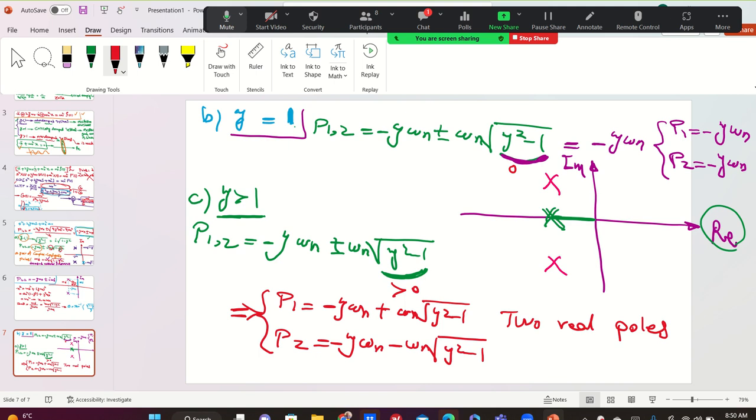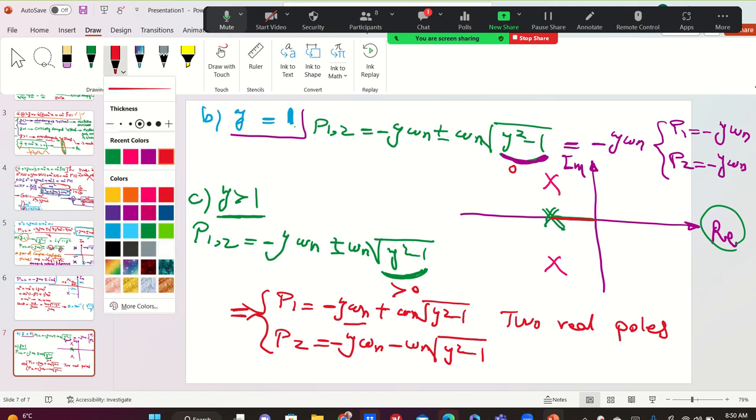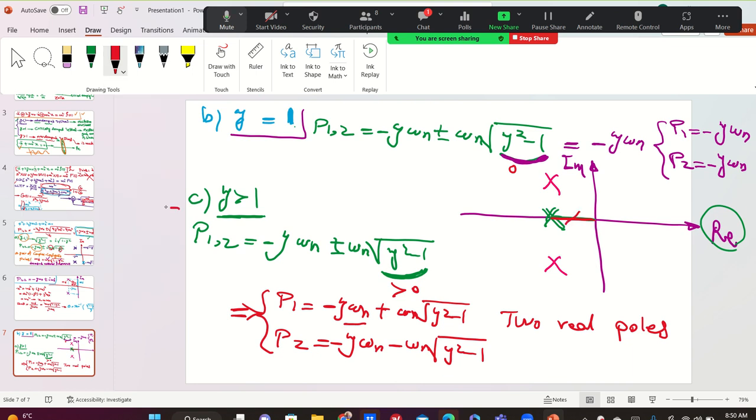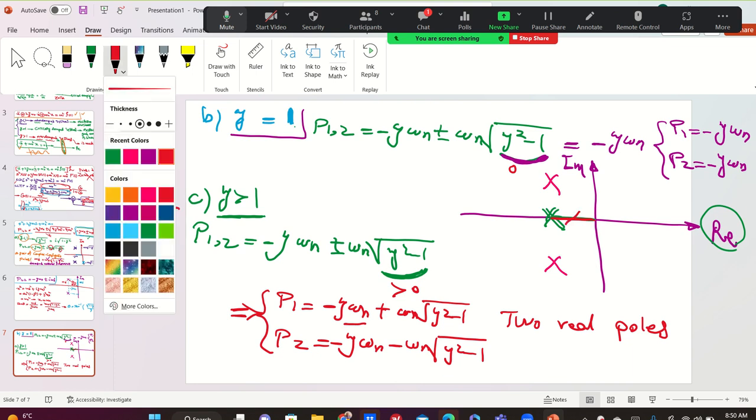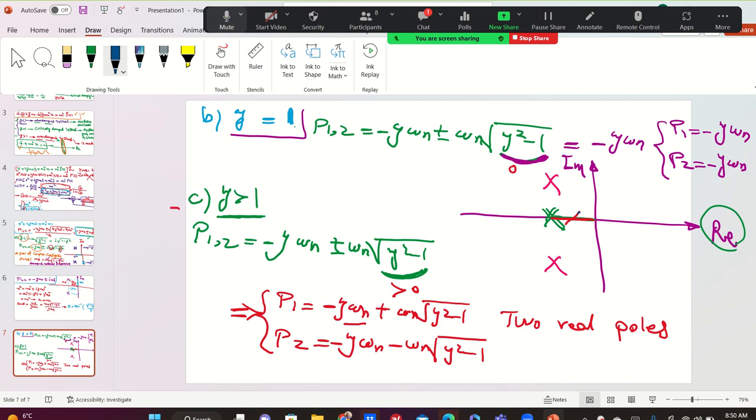If I show here, this is zeta omega n, plus a number, minus a number. So if I show here, your system is going to be like this for an overdamped system. Plus a number, minus a number.